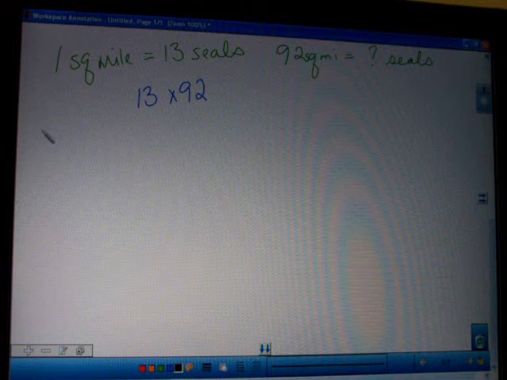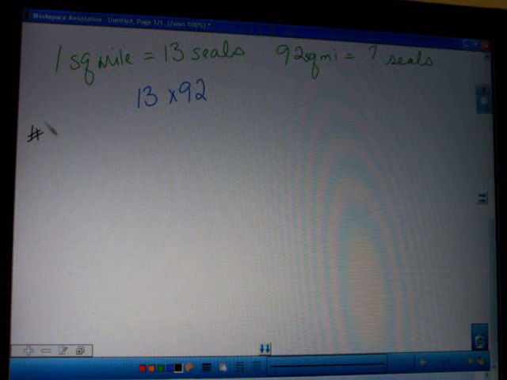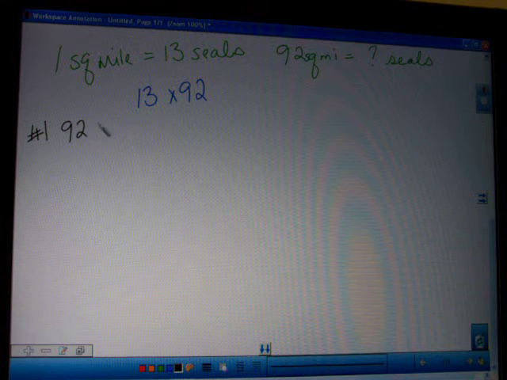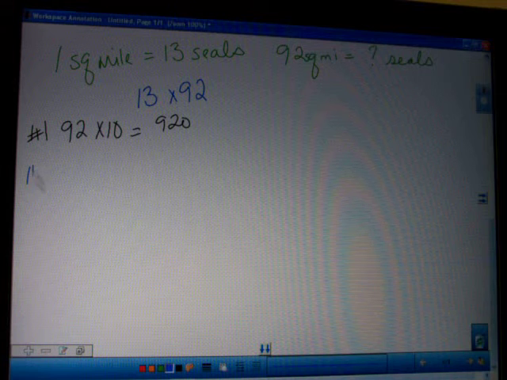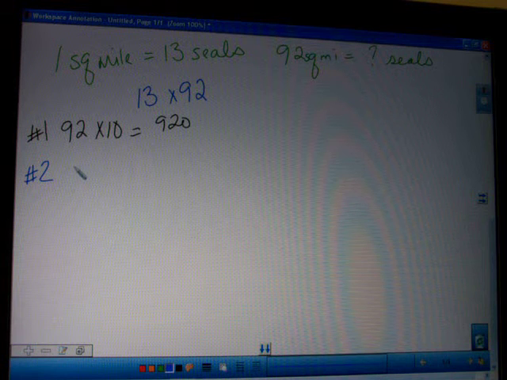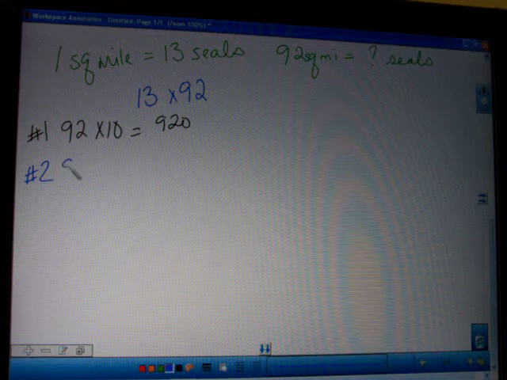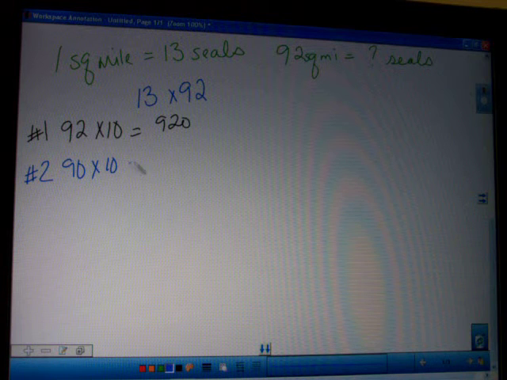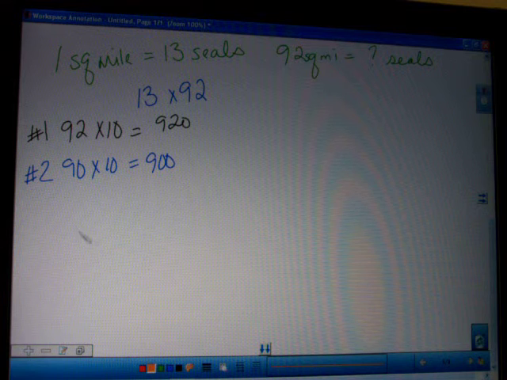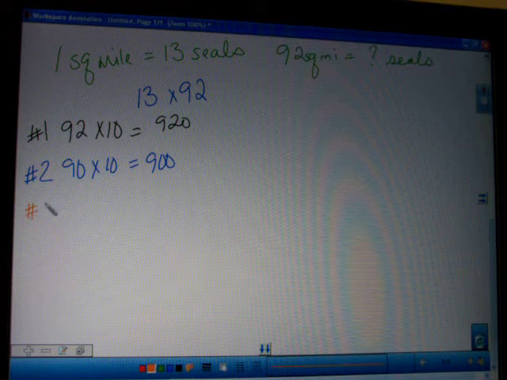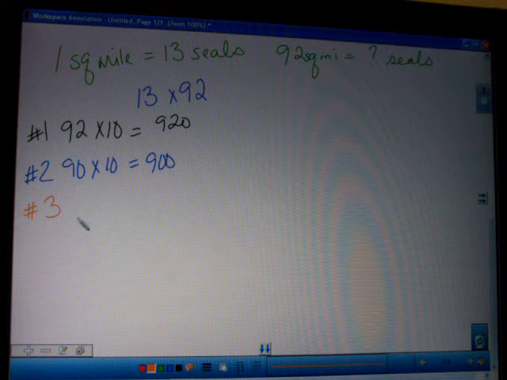So one way that we can estimate, way number 1, is we can round one factor. So we can keep 92 and do times 10, which equals 920. That's something easy, I can do that in my head. Way number 2 is to round both factors. So 90 times 10 equals 900. Way number 3 is to use compatible numbers.